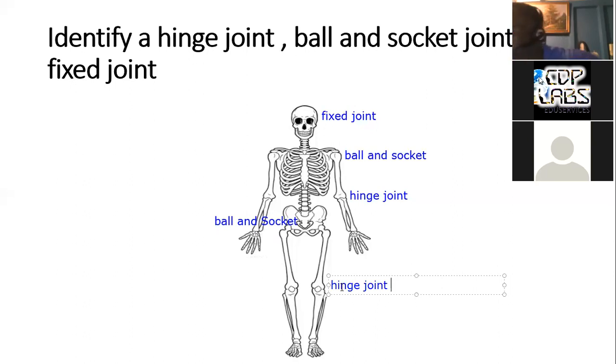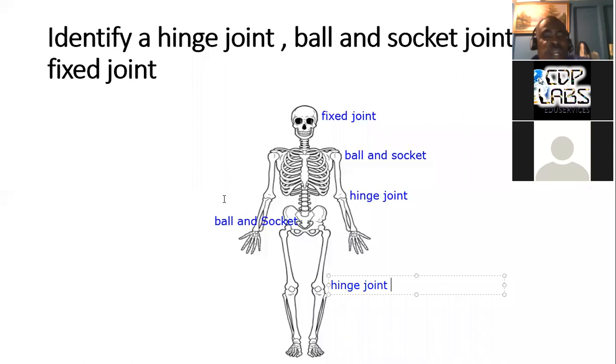The cranium has a fixed joint, which does not really allow movement. Okay. All right, well done. So the fixed joint does not allow movement.